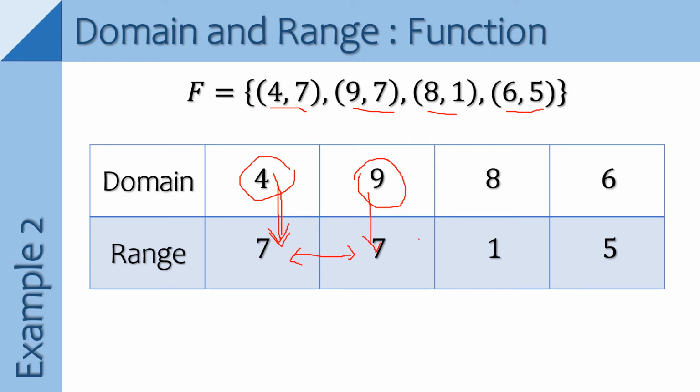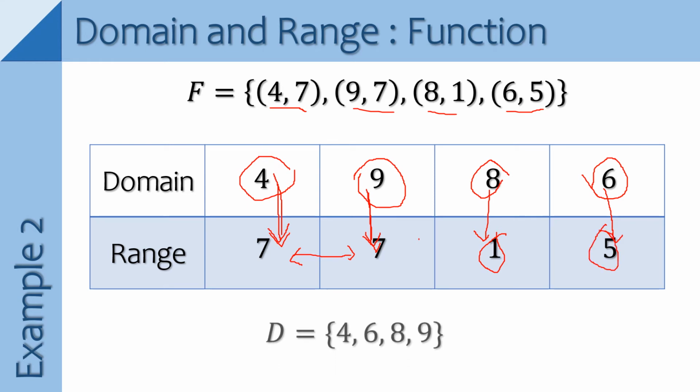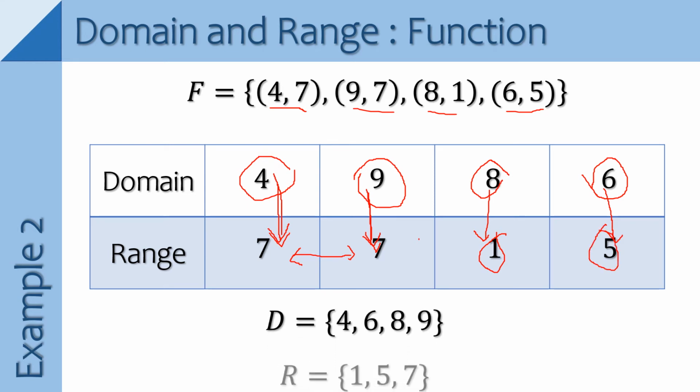So, as we can see, si 4 ay nag-correspond sa 7, si 9 nag-correspond sa 7. Okay, so ganun yun. So, dito naman, we have 8 corresponds to 1. And then si 6 ay nag-correspond sa 5. So the set of domains are 4, 6, 8, 9. The set of range are 1, 5, and then 7.